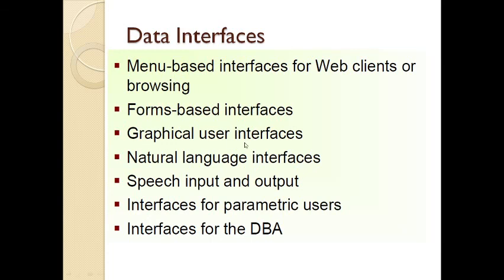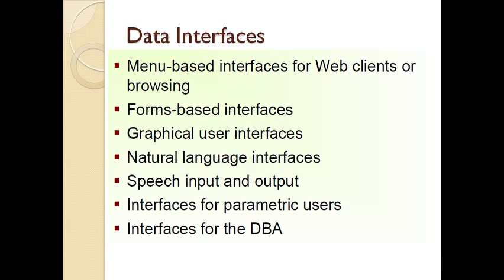The third one is the graphical user interface. Here there will be some images or some graphs that will give you access to the database. For example, when you go to some registration page, you might have seen a captcha.